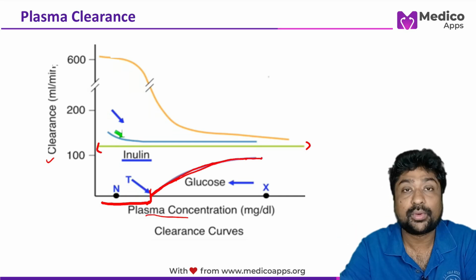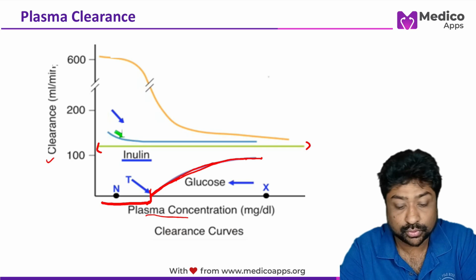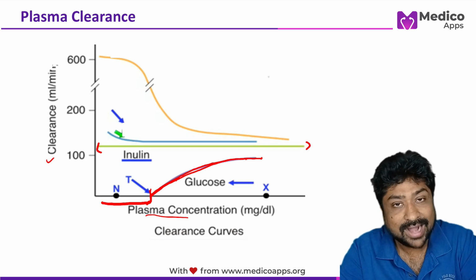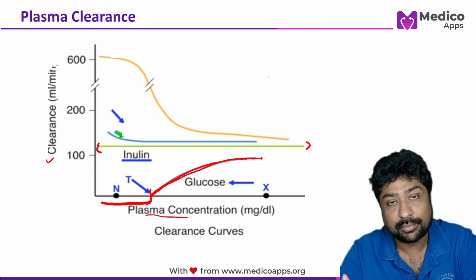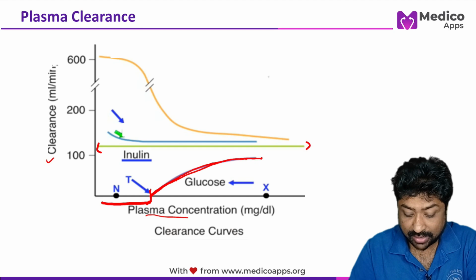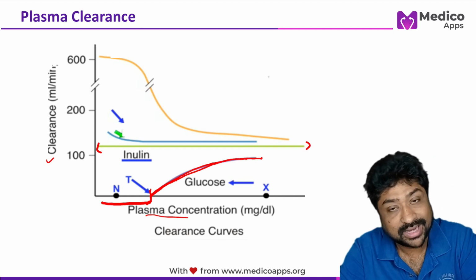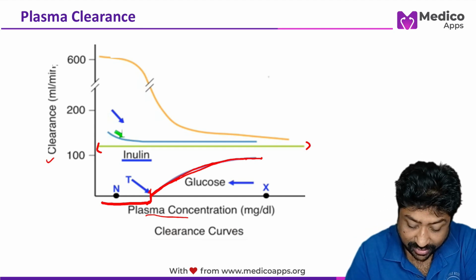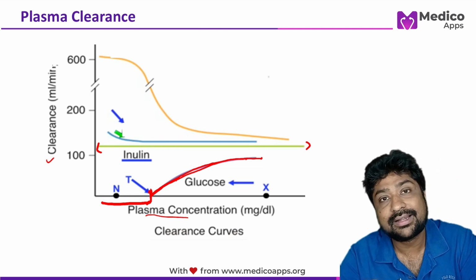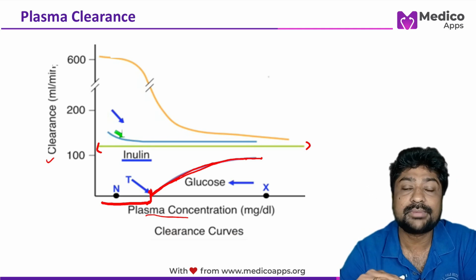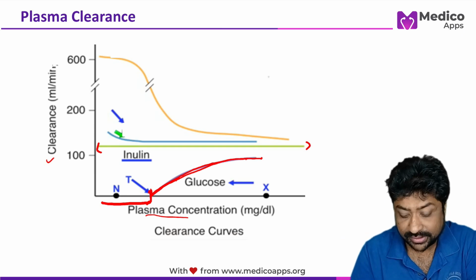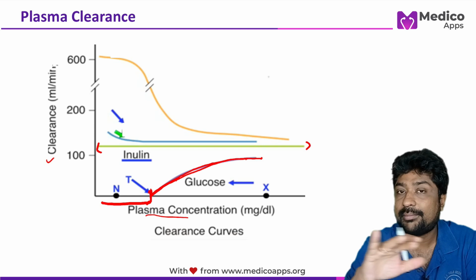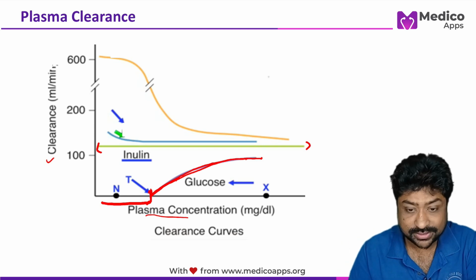This is what the graph of glucose looks like, because for glucose at low levels all the glucose is actively reabsorbed, till the point where the transport maximum is reached. This is your Tm value here, and once that value is reached, as the plasma level of glucose keeps on increasing, the renal clearance keeps on increasing, and after a point of time it becomes stable. So this is the second graph.